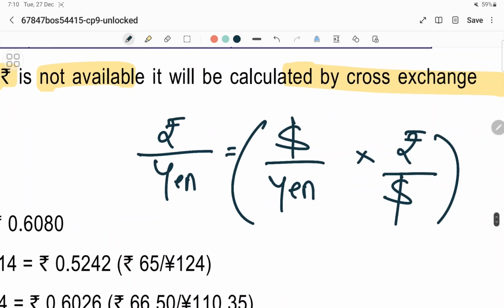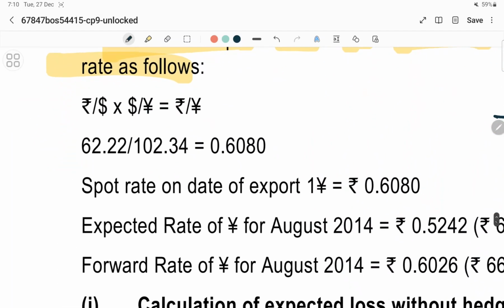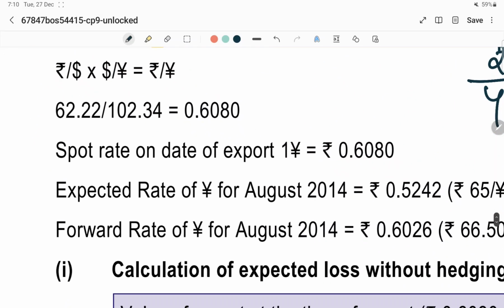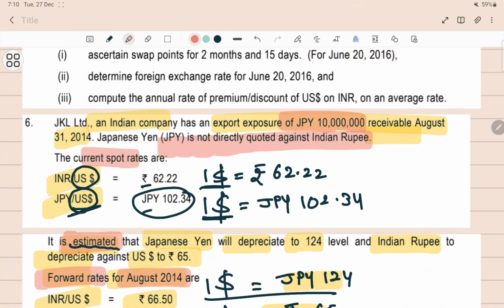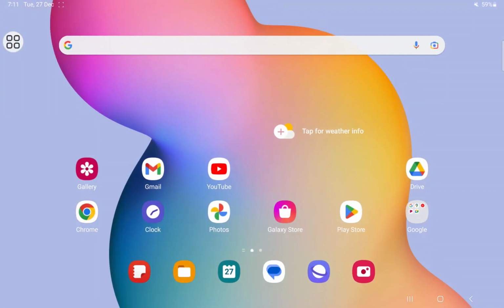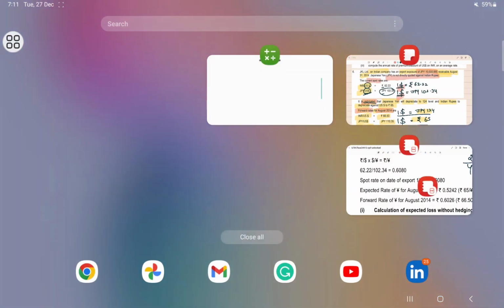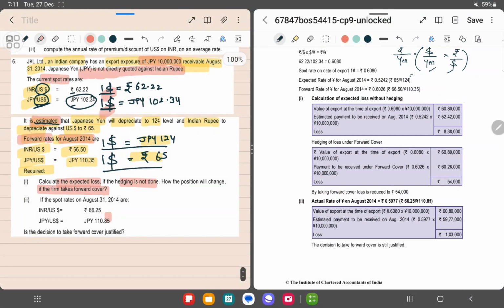The quotes given to us in the question, if I'm not wrong, were both direct dollar quotes. I'll do the split frame so we can see the question and the solution side by side.